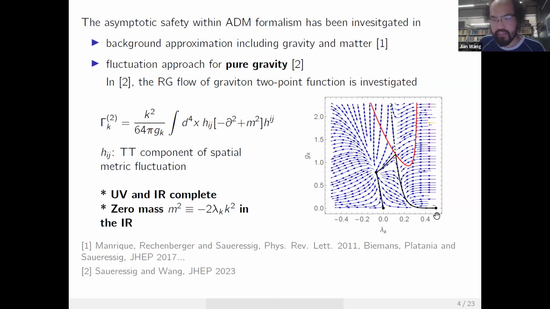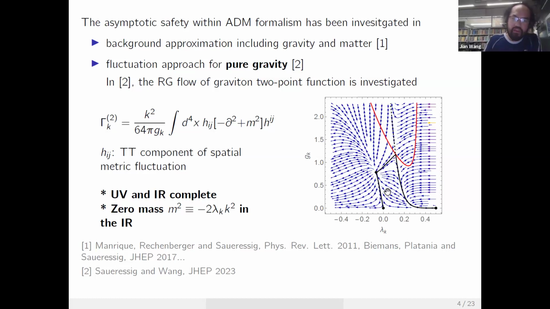Since all the trajectories are attracted to this infrared fixed point, and at this infrared fixed point the cosmological constant is finite, the renormalized mass would be zero for those RG trajectories.